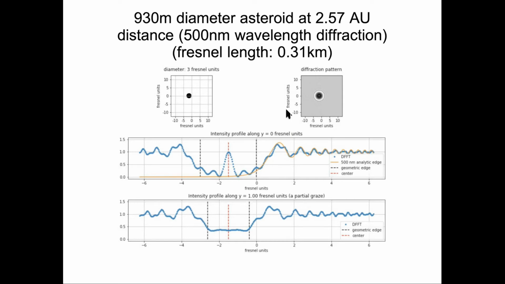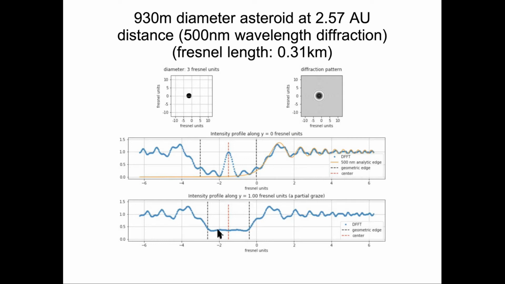So when you draw an intensity profile along this y equals 0 line right here, you get this blue line, and it's got lots of wiggles, and it goes through the Poisson spot. But when you do the analytic light curve, of course, it doesn't include a Poisson spot. That's not part of its math. But you can see that in general, the ups and downs, although they show some fine structure, they do in fact follow rather closely the analytic edge.